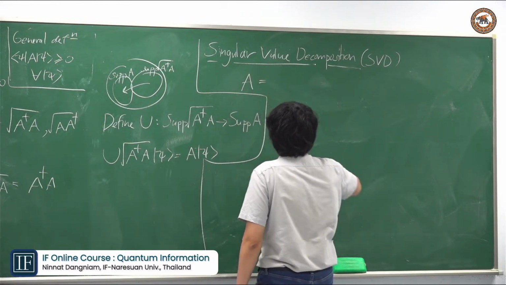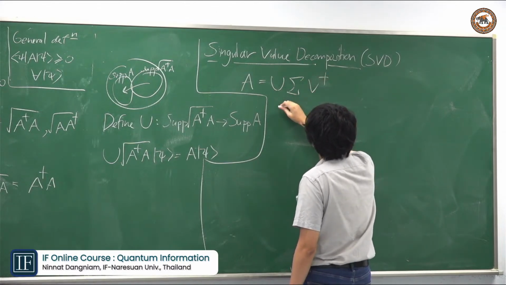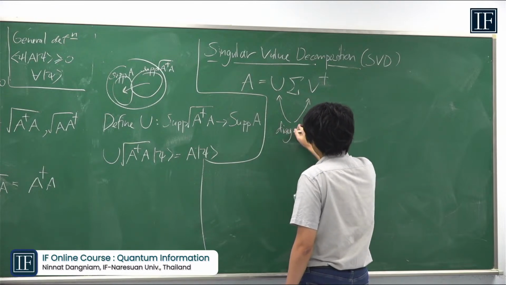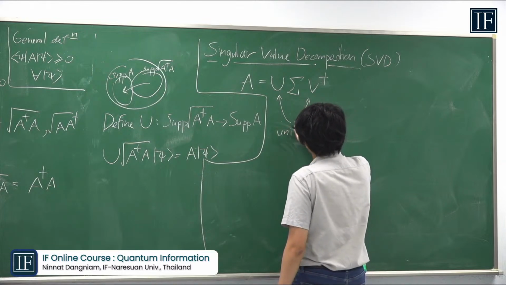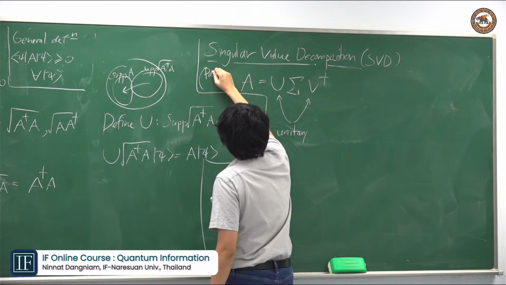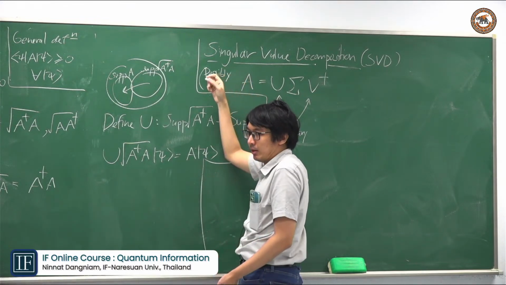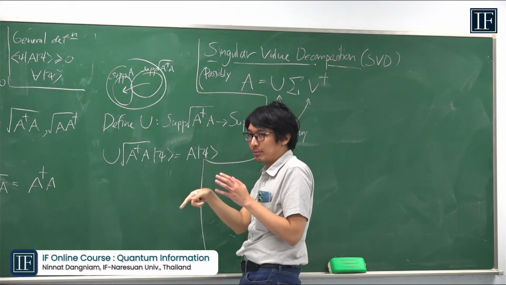So this is to say that any arbitrary linear operator, or possibly not even an operator, meaning it doesn't even have to map from the same space to the same space.